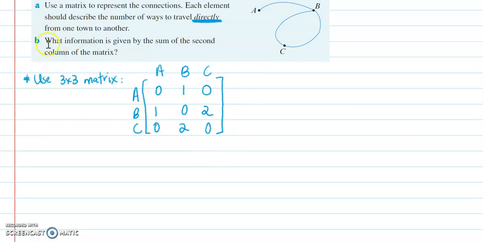Now let's have a look at question B. So this is question A. Question B is asking us, what information is given by the sum of the second column of the matrix?